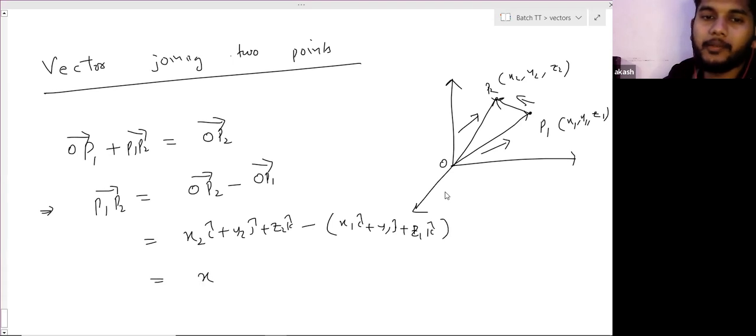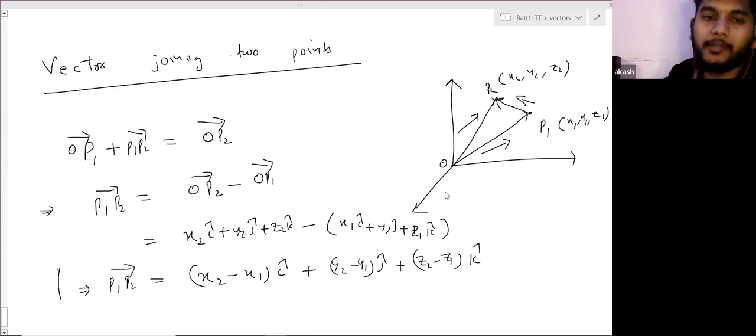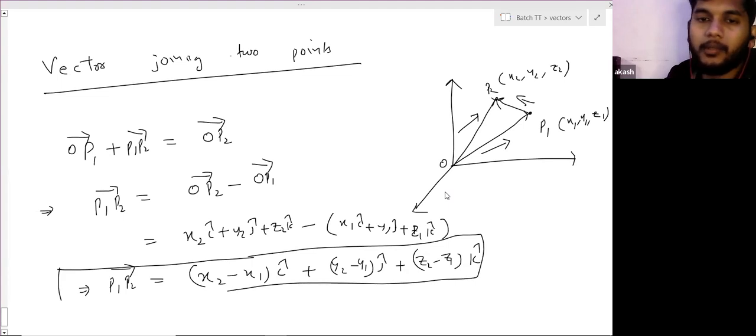Subtraction of two vectors: x2 minus x1 I cap plus y2 minus y1 j cap plus z2 minus z1 k cap. So this is the vector joining 2 points. Very important. All right, note it down.